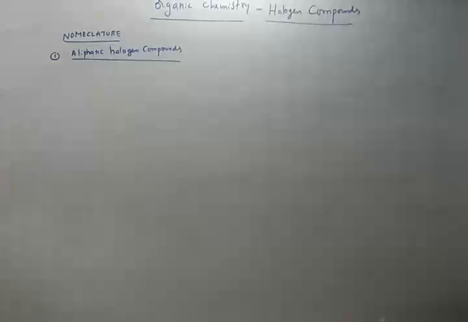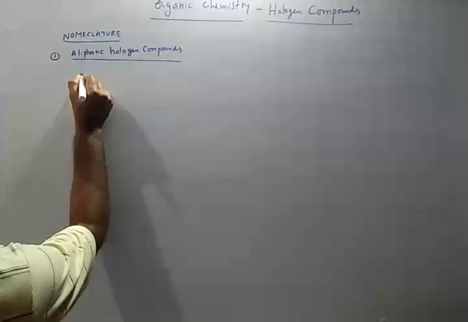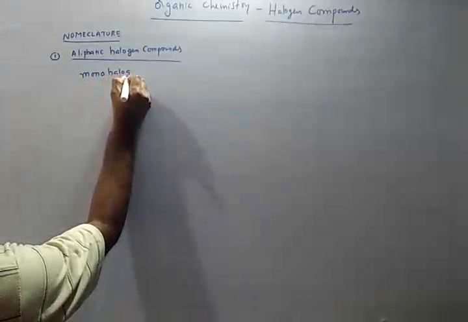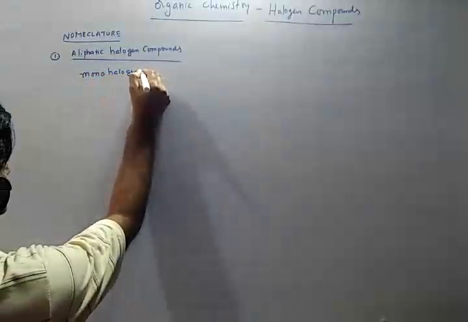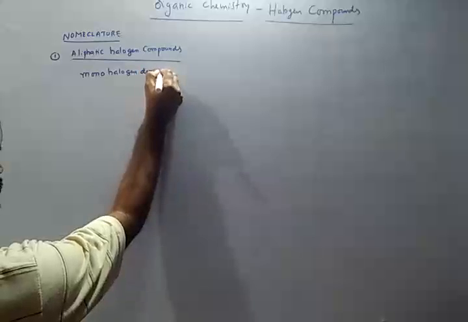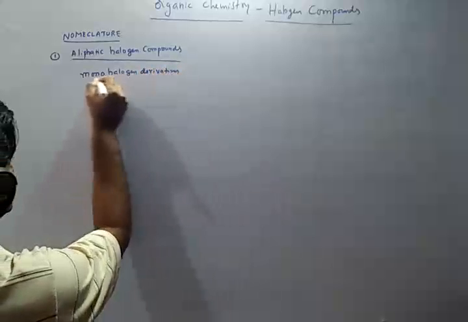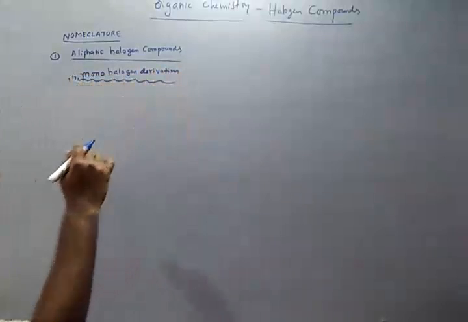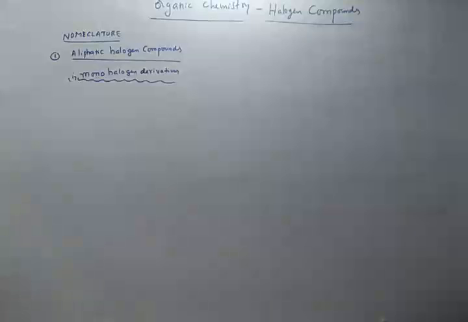I would like to tell about one thing in monohalogen derivatives. These monohalogen derivatives can be classified into primary, secondary and tertiary alkyl halides depending on the nature of the carbon atom which is linked with the halogen.